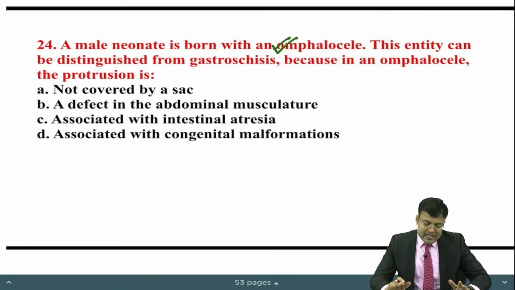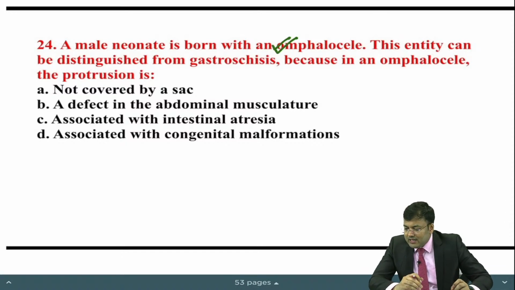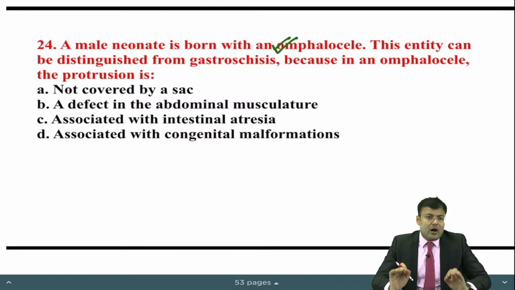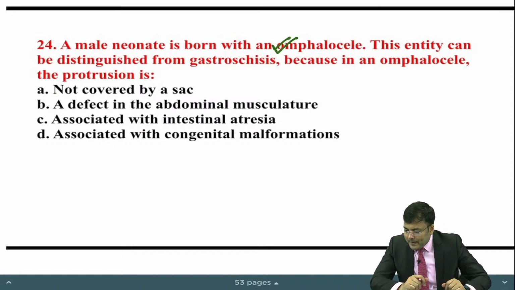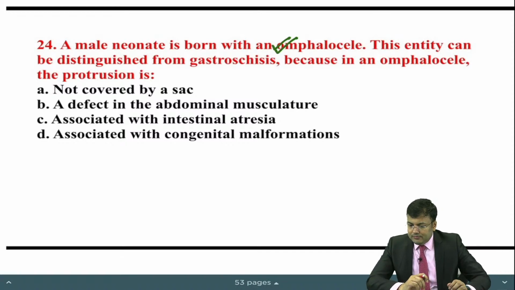Not covered by a sac, a defect in abdominal musculature, associated with intestinal atresia, associated with congenital malformations. Tell me, this is a very commonly asked question. I'm waiting for your reply.